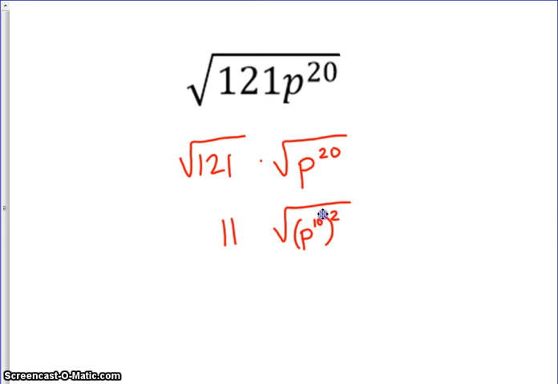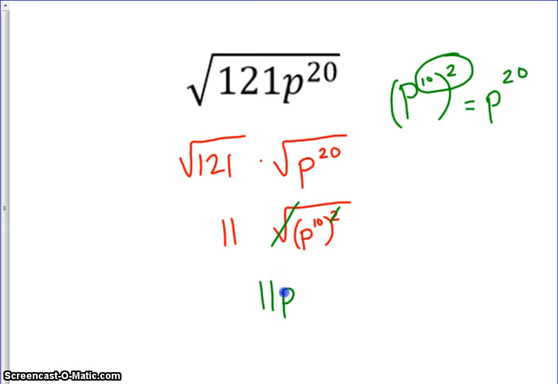The reason I know that it's p to the 10th and then raised to the 2nd power is, remember that properties of exponents tell me to multiply, so this becomes p to the 20th power. All I'm doing is the opposite of what we did in the last video. So now that we know that p to the 10th squared and square root go away, I am left with p to the 10th. So our final answer is 11 p to the 10th.